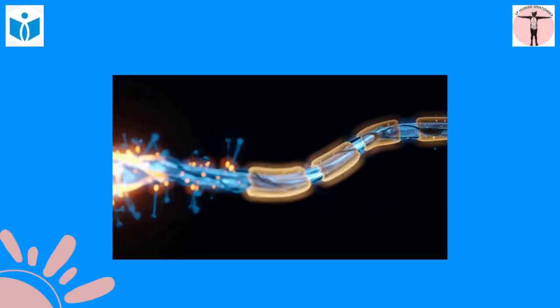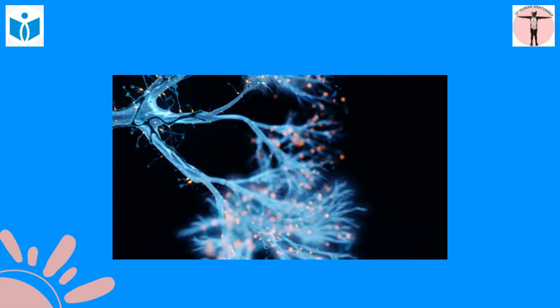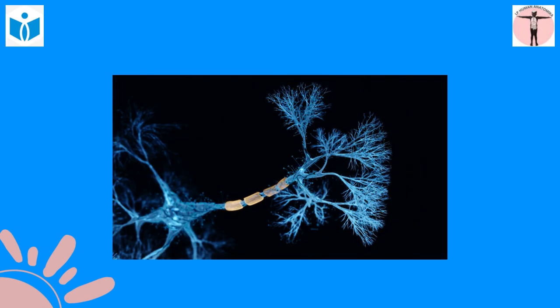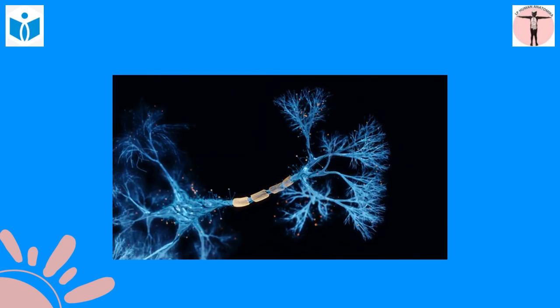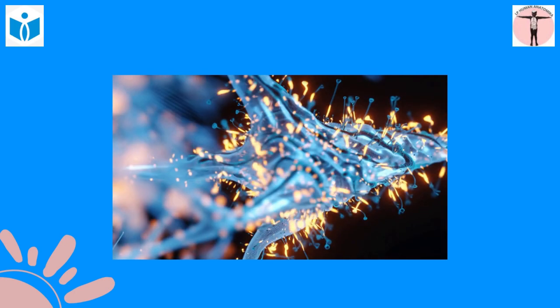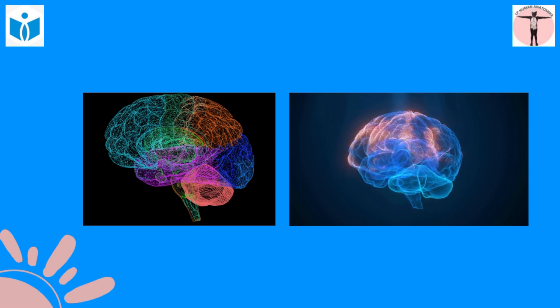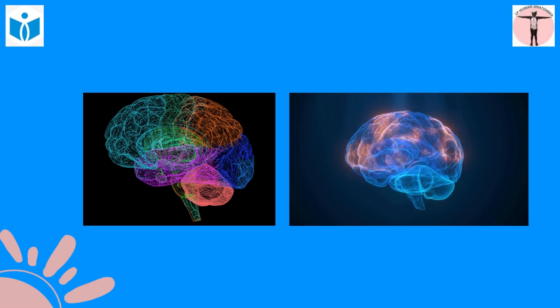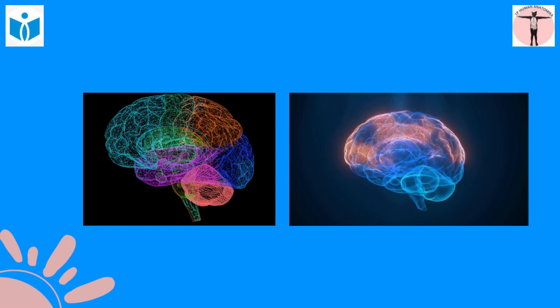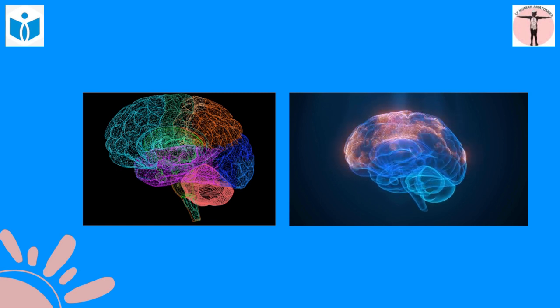The brain uses various mechanisms to store and retrieve memories, including the formation of neural connections and the release of specific chemicals. Different types of memories are stored in different areas of the brain, and the process of recalling a memory involves reactivating these neural connections.